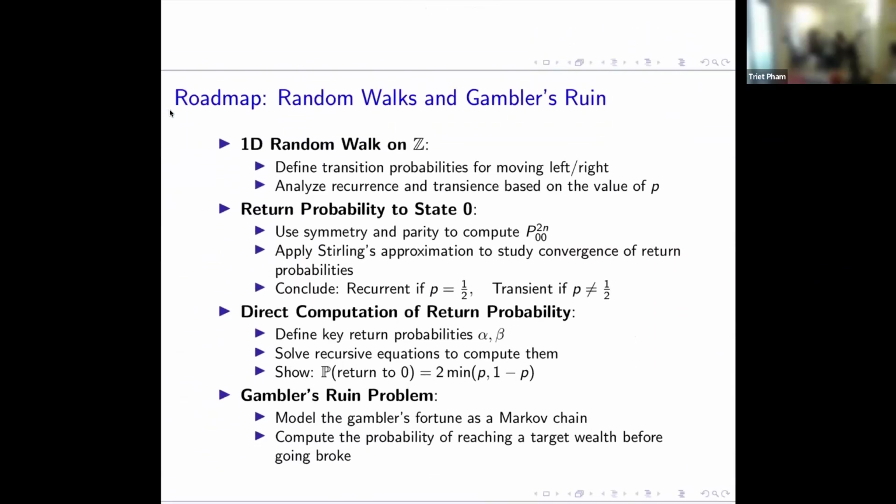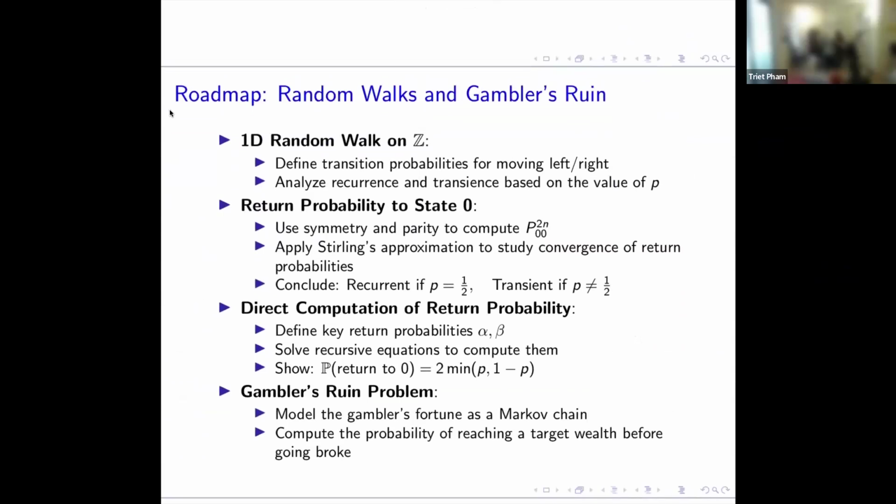So the next lecture will focus on an important topic, rather a subtopic of Markov chains: random walk, specifically one-dimensional random walk.